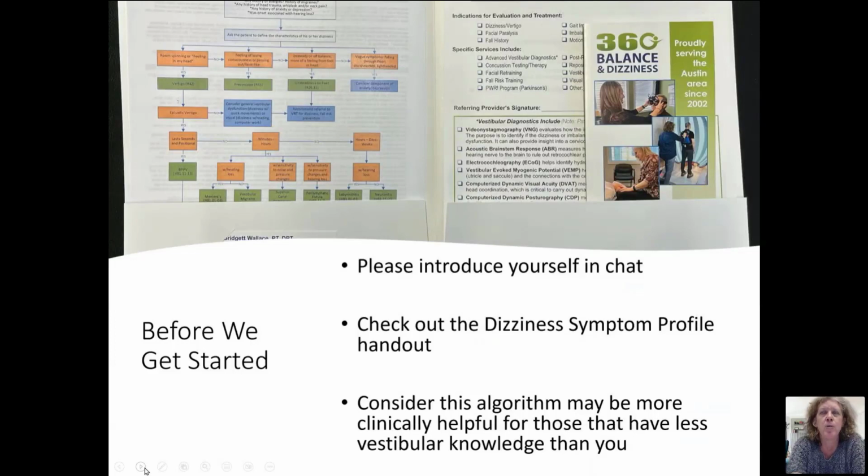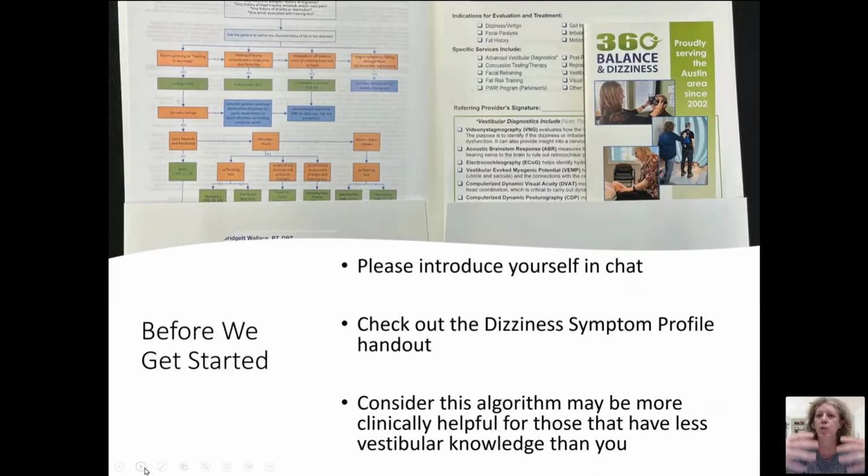I had heard that story before, so I created the algorithm really for people who may not know much about dizziness. I was asked to speak to an association of family practitioners about dizziness, because think of how many people either go to the ED or go to their primary practitioner with vertigo.